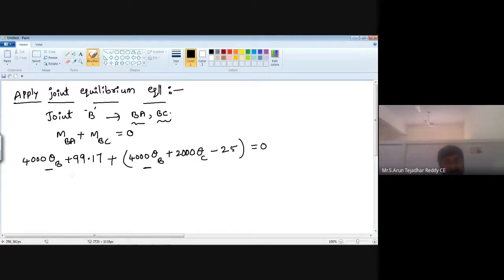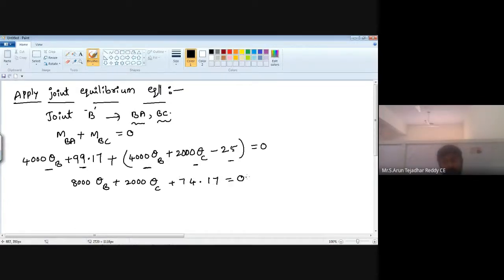Then 4000 plus 4000 is 8000 theta B, and here we have a single theta C, that is plus 2000 theta C, and plus 99.17 minus 25, that is plus 74.17 equal to 0.